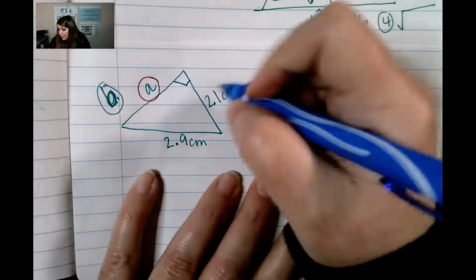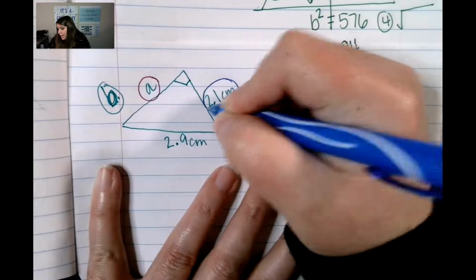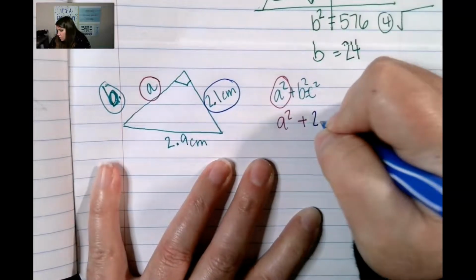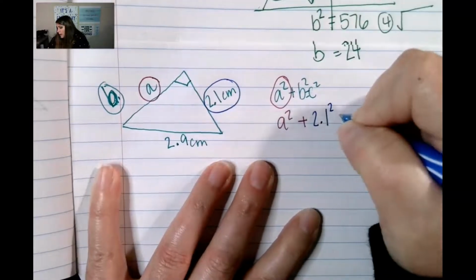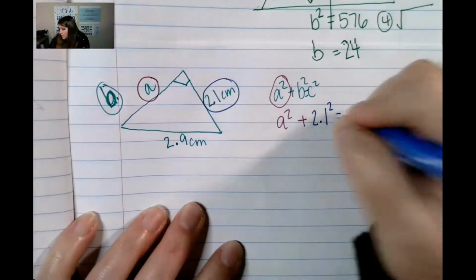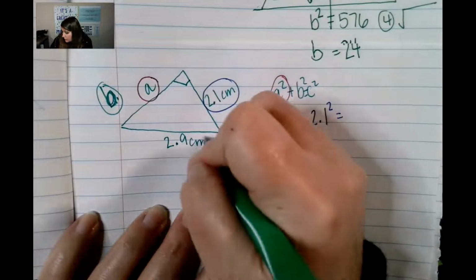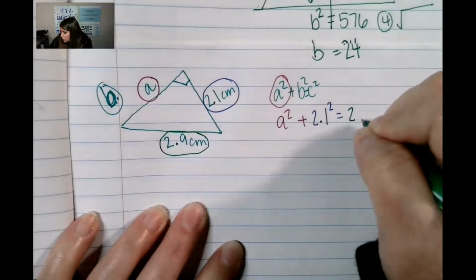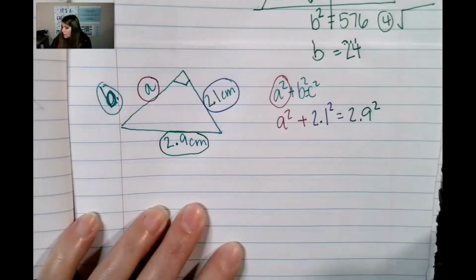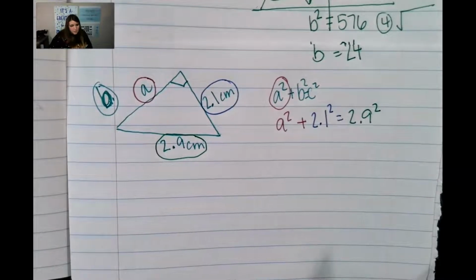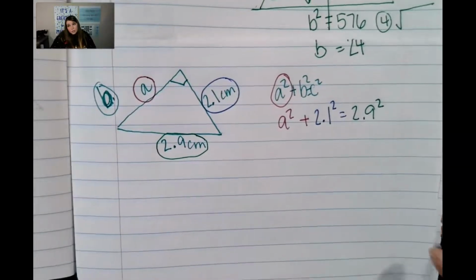We do know leg B. Leg B is going to be 2.1 squared, and we know C as well, so C is going to be 2.9 squared.